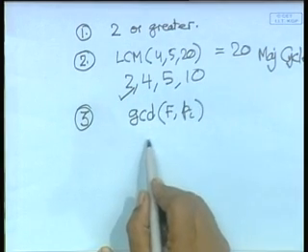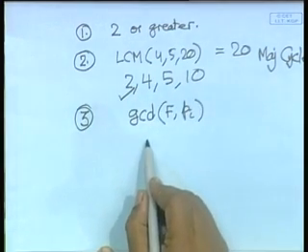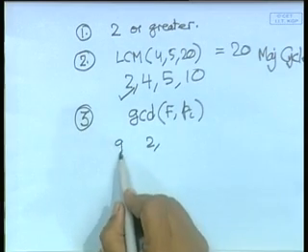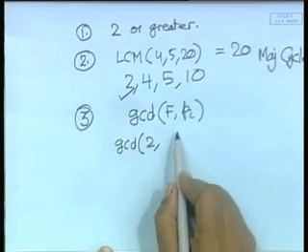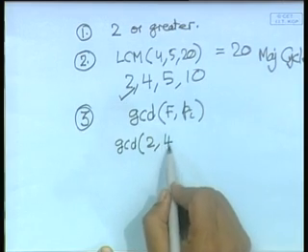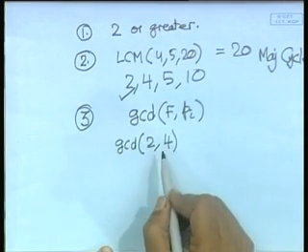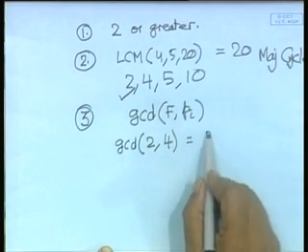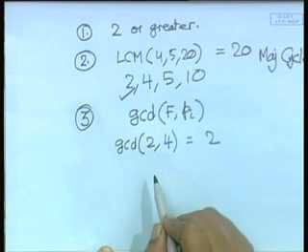So, let us see GCD of 2 comma the first task runs for 4, right, it repeats after 4. So, the GCD is 2, is not it.